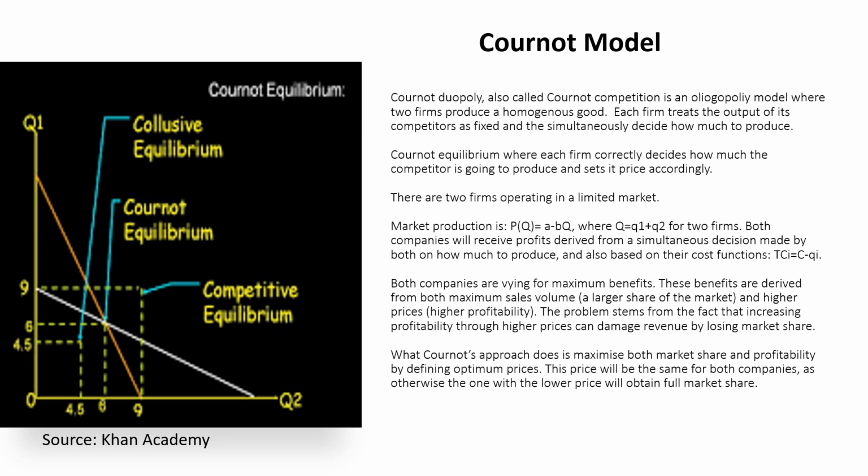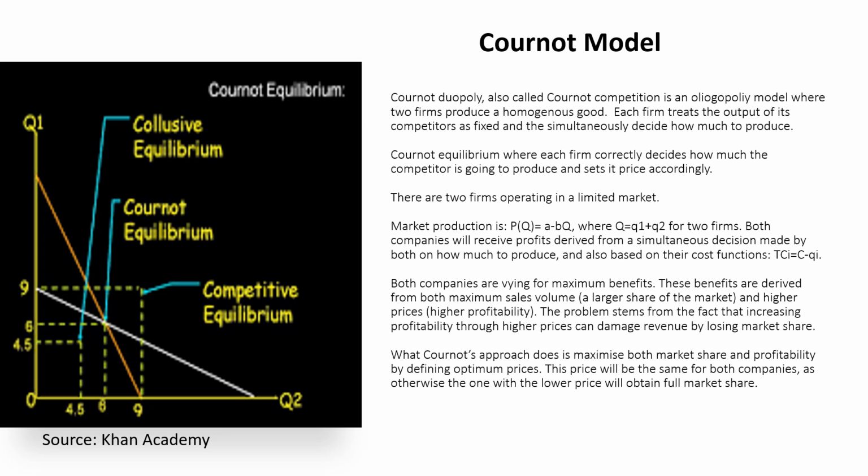So the Cournot equilibrium is where each firm correctly decides how much a competitor is going to produce and sets its price accordingly. So a Cournot equilibrium is when both firms are doing the best that they can in that particular market. And the Cournot model focuses on output. So there's two types of models.